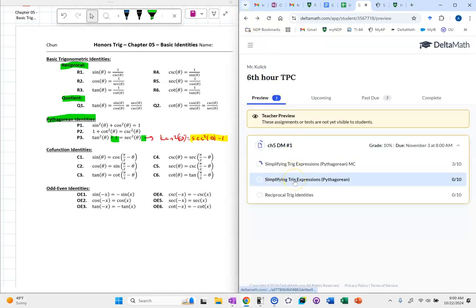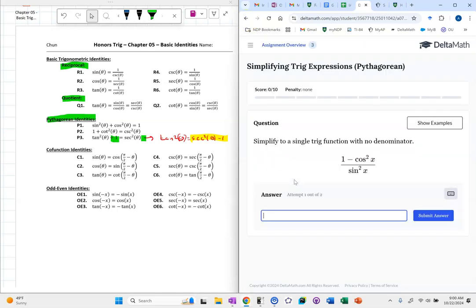Let's try another one. This is the same idea, but in this case we've removed the multiple choice option. Again, I'm going to start where I see the addition and subtraction. That's going to be a Pythagorean. I notice that P1 has cosines in it.